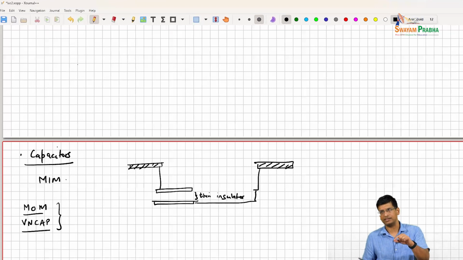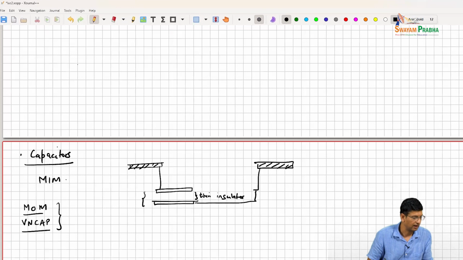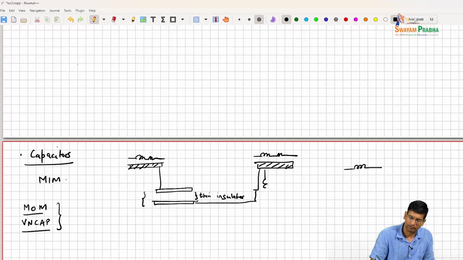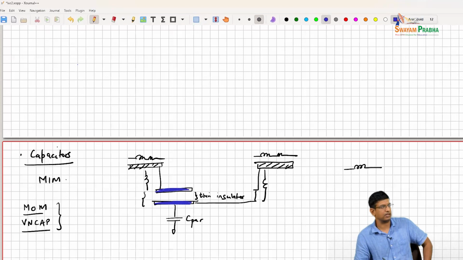That usually implies having a separate device with a very thin insulator, usually silicon nitride. And for this capacitor, again we have to come up with a model that includes a series wiring resistance. You have this resistance, this resistance, some inductance here, some inductance here, and some parasitic capacitance here. This is the actual device we are trying to use, but in using it we are introducing all these parasitics.